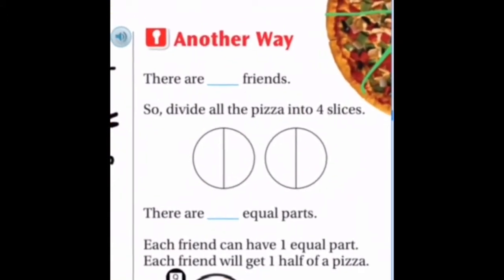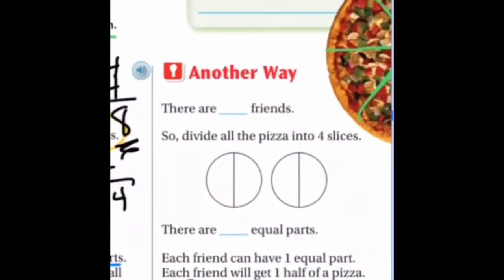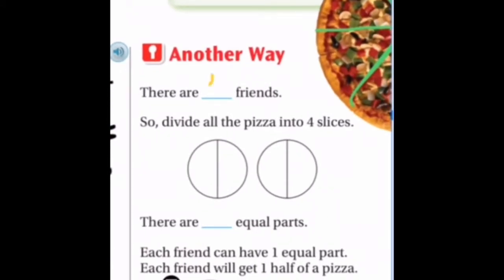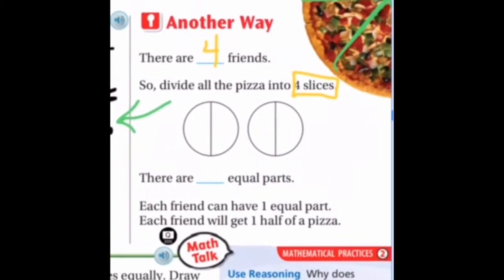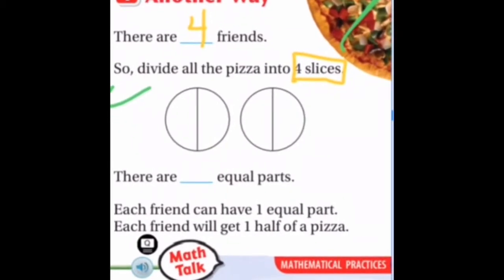Another way, we still have the same number of friends. We still have 4 friends, okay? But we're going to divide the pizza into a total of only 4 slices. So instead of dividing each pizza into 4 slices like we did in the example over here, this time, we're going to have a total of 4 slices.